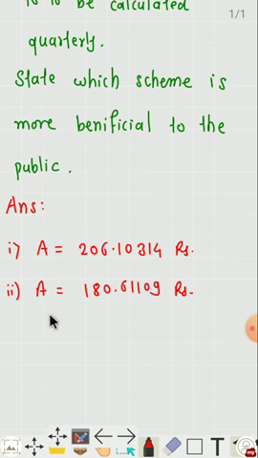So the amount which we get after 5 years is more in the first case. Therefore the first scheme is beneficial for the public.